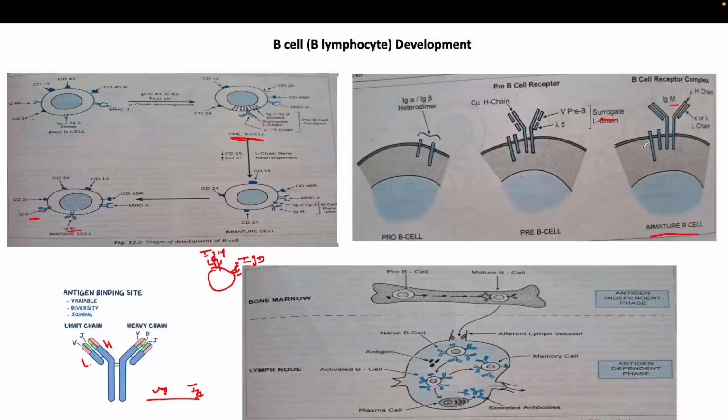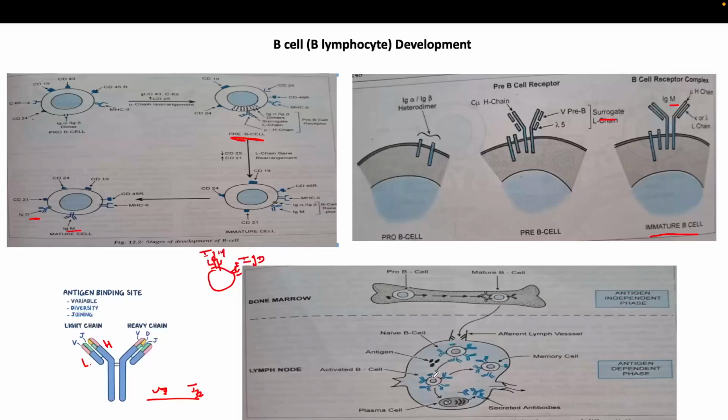Okay, and once this mature B cell is produced in the bone marrow, which is the antigen independent phase, it will migrate through the blood stream to the secondary lymphoid organ, that is the lymph node. Here in the lymph node it will encounter the antigen. Based on this antigen encounter, meaning what kind of antigen it is, it will multiply a particular variation of B cell.